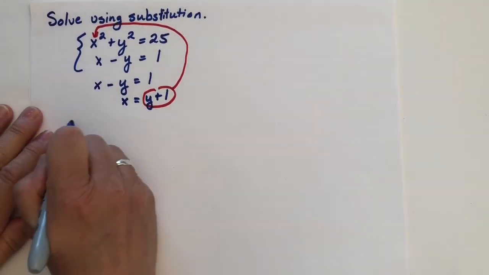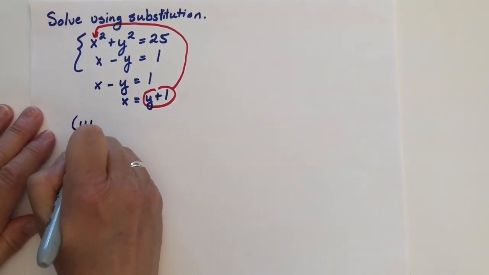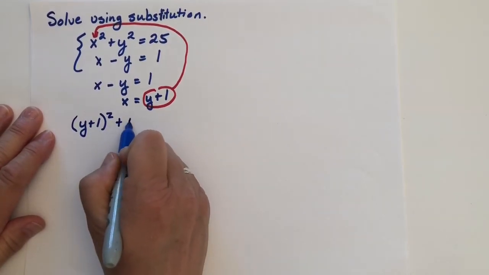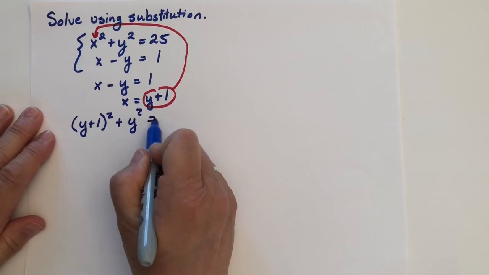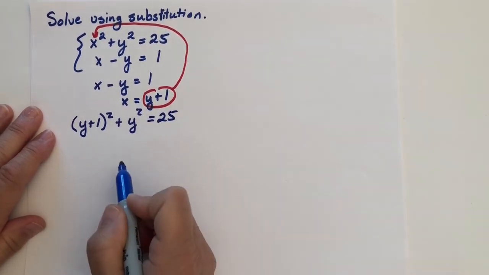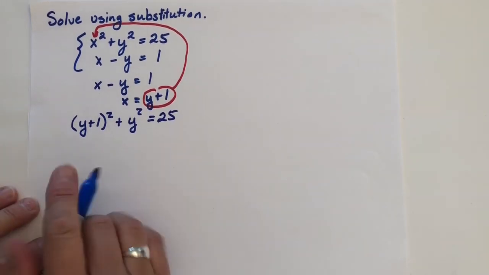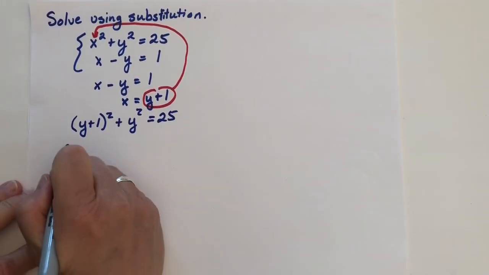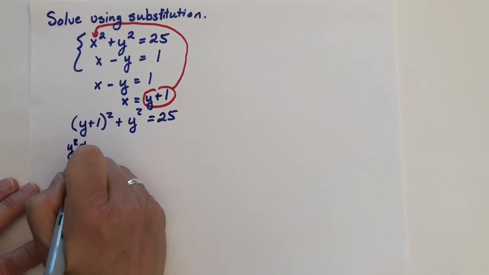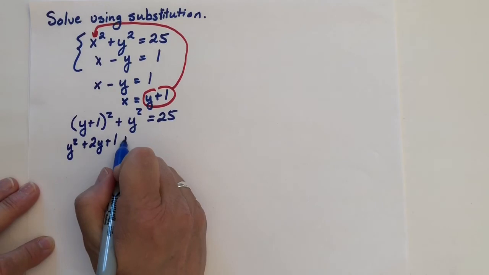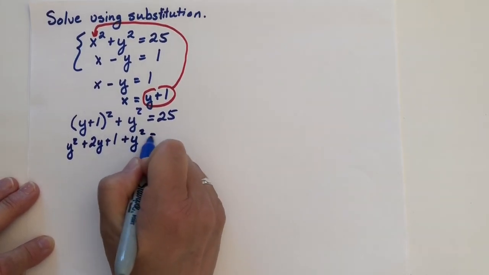So we have (y plus 1) squared plus y squared equals 25. And we have a quadratic equation that we're now solving. So let's square this binomial. We have y squared plus 2y plus 1, and then we have plus y squared equals 25.